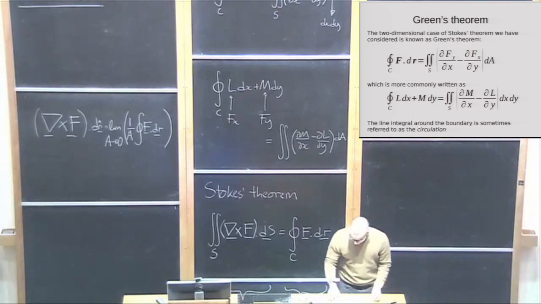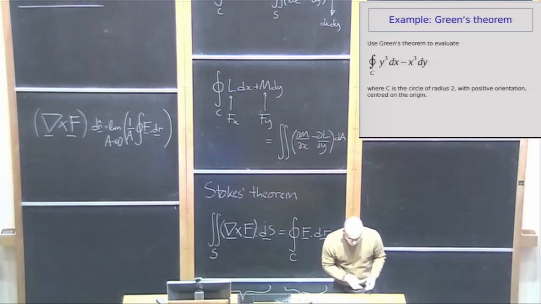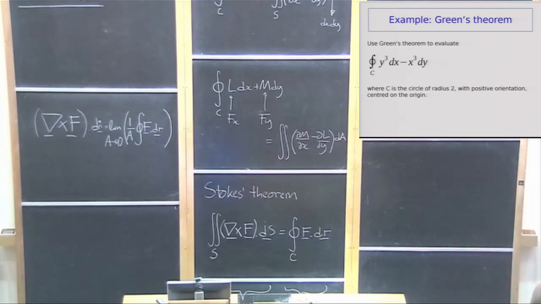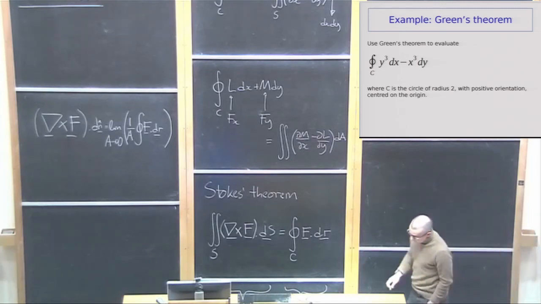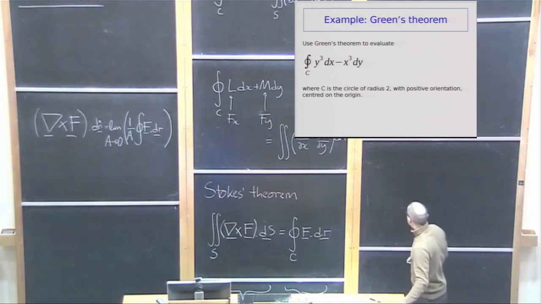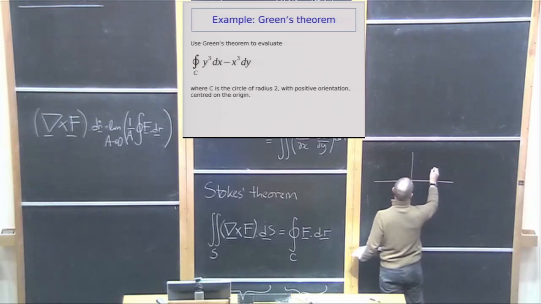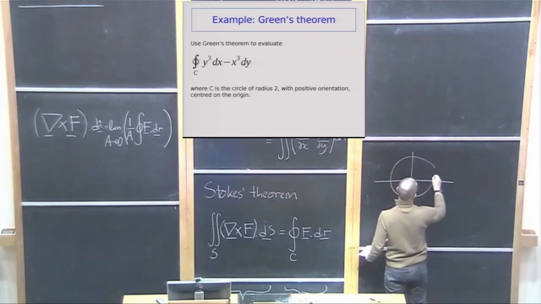Okay, so let's very quickly do an example then. Use Green's theorem to evaluate the integral of y cubed dx minus x cubed dy, where C is a circle of radius 2 with positive orientation centered on the origin. So I have a circle of radius 2.